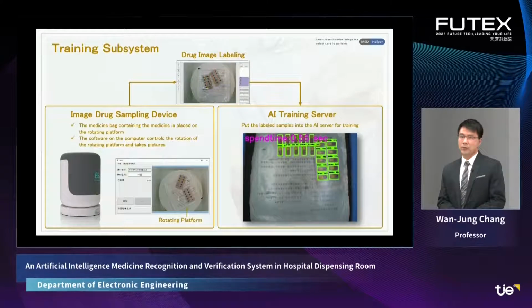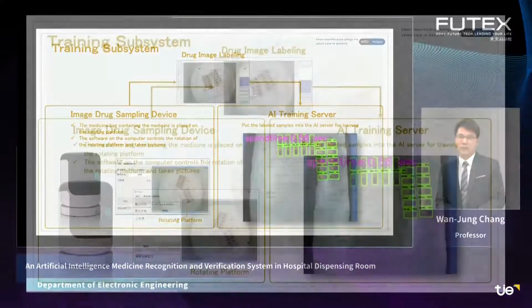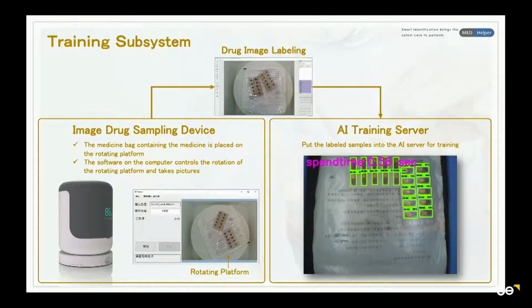Here is a description of how to use the training system. First, the medicine bag containing the medicine is placed on the rotating platform, and the software on the computer controls the rotation of the rotating platform and then takes pictures. After marking the features of the drug image, we put the labeled drug image samples into the AI server for further training.